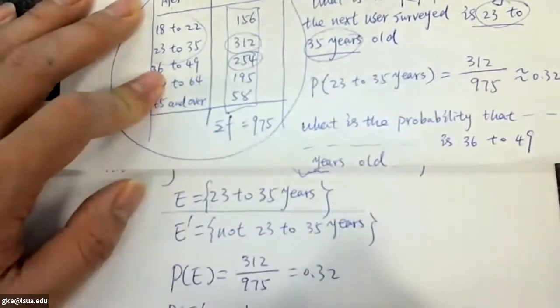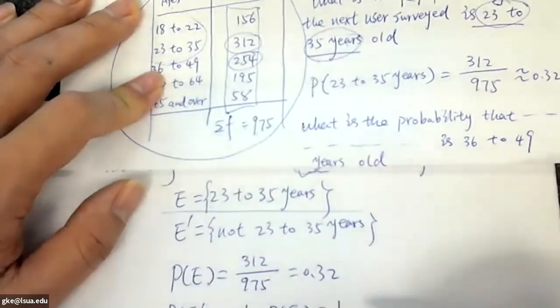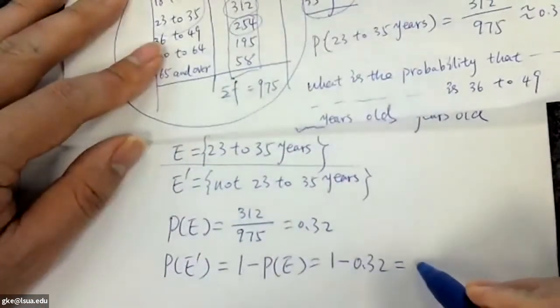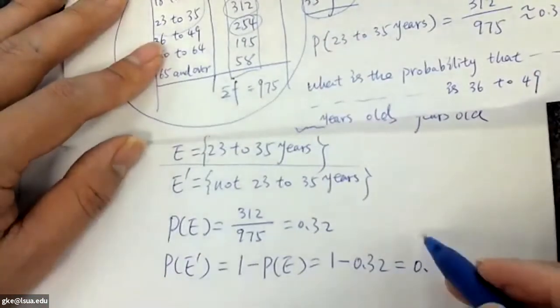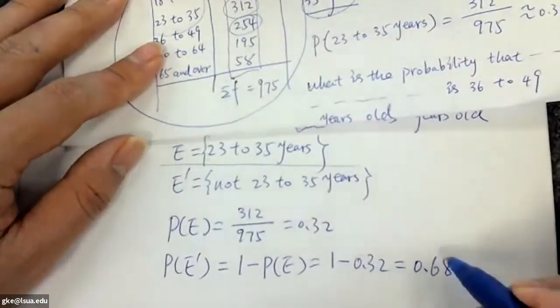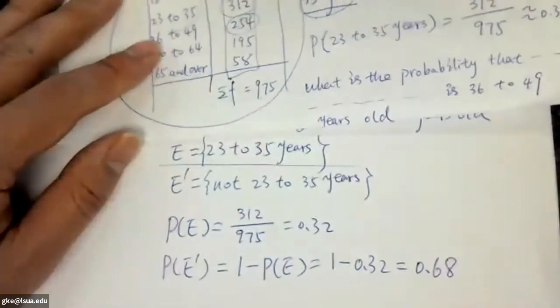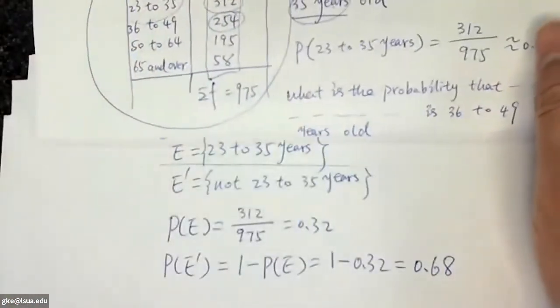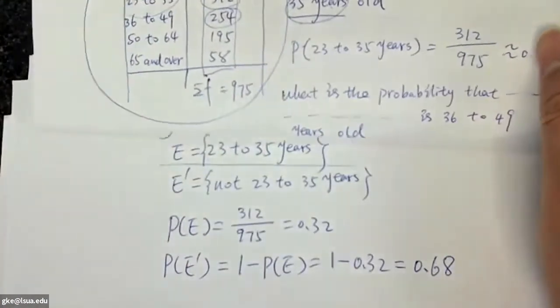It's 1 minus P(E), so 1 minus 0.32, and that gives you 0.68. Okay, that's it.